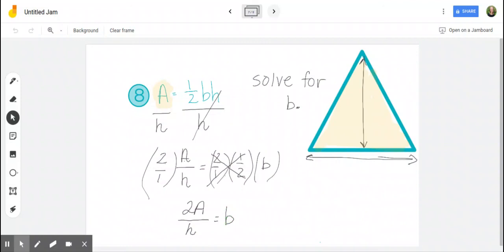Okay, so remember to get rid of fractions, even though that 1/2 and the b were being multiplied, it's easier to multiply by its reciprocal, where you flip or reverse the numerator and the denominator.